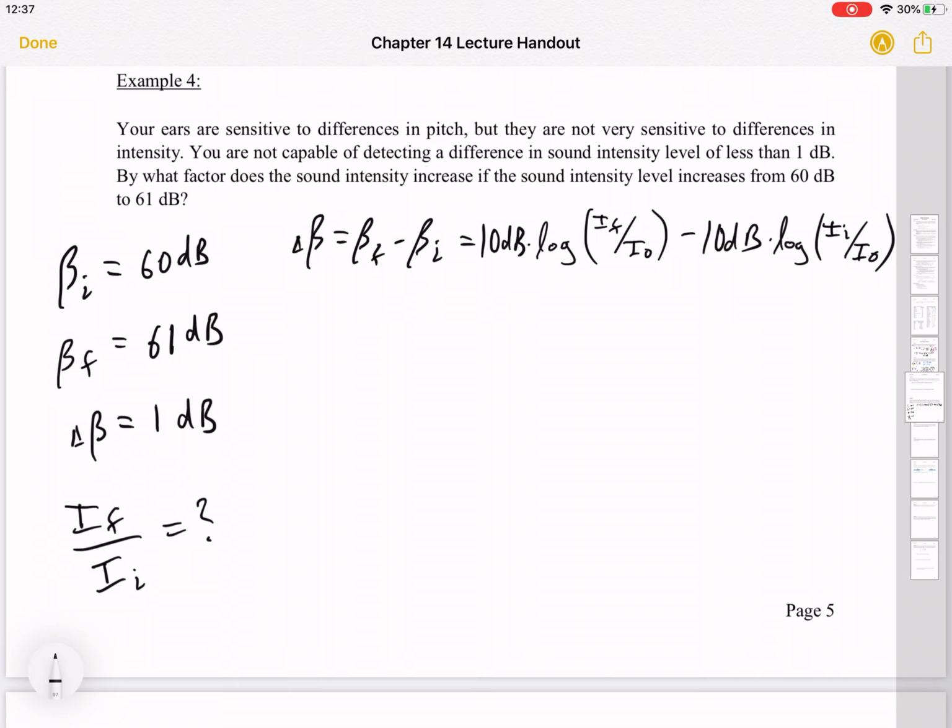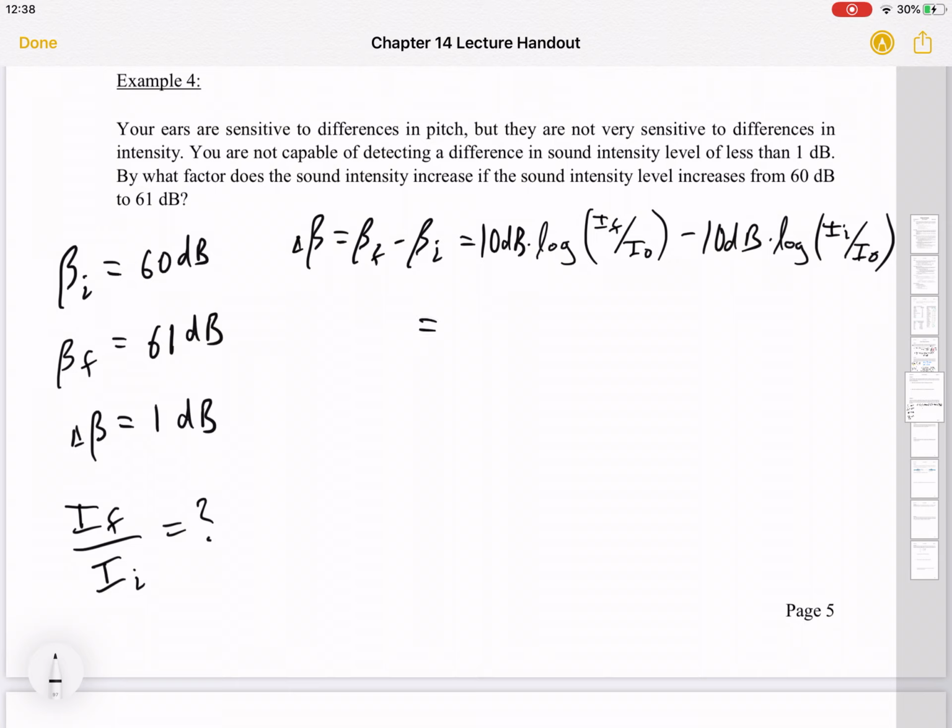So you may remember that when you take a difference of logarithms, it's the same as taking the log of the ratio of the arguments. You may not remember that. That's okay, but it's true nonetheless. All right, so the equation we're going to derive here, we only have to derive it once. Once we have it derived, you can use it whenever.